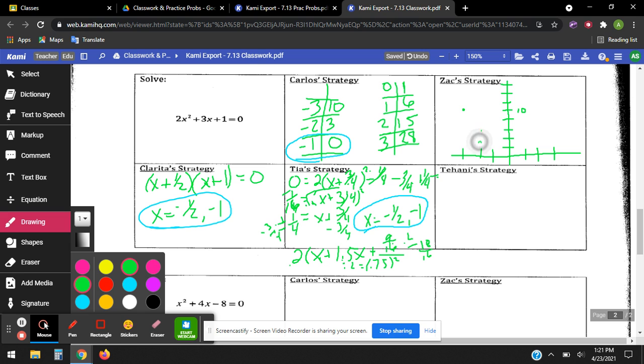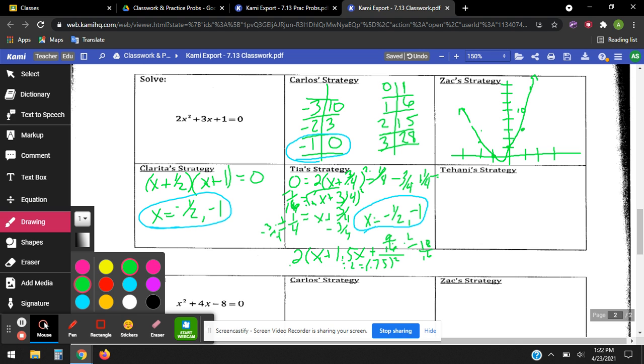Negative 1 is at 0. 0 is at 1. 1 is at 6. 2 is at 15. So we know that it dips down here and goes up here, basically at this negative half is our other one. So it's kind of in there is where the next one falls.